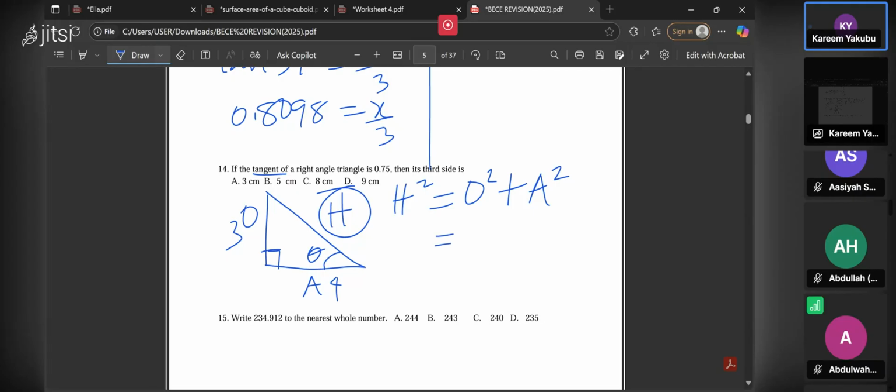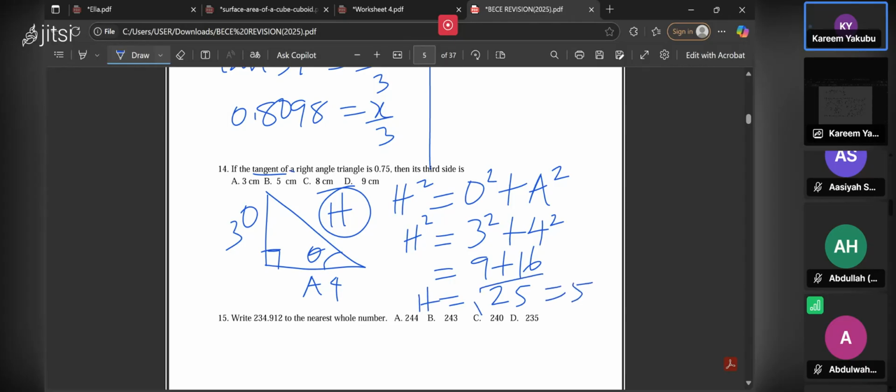Opposite is 3, so that will be 3 squared, plus adjacent, which is 4 squared. So hypotenuse squared equals 9 plus 16, and that gives us 25. So hypotenuse is the square root of 25, that is 5. The answer gives us 5. I hope this is clear.